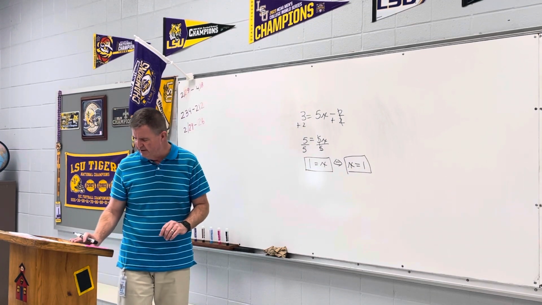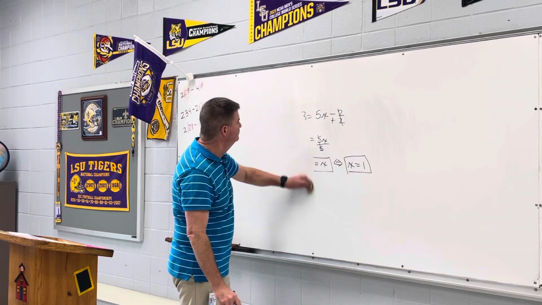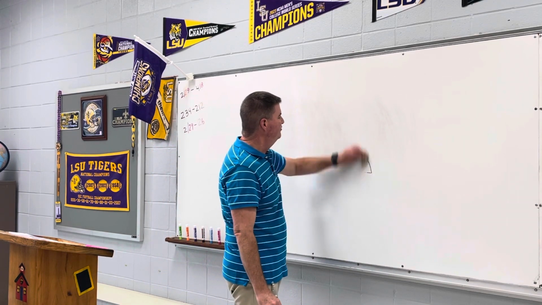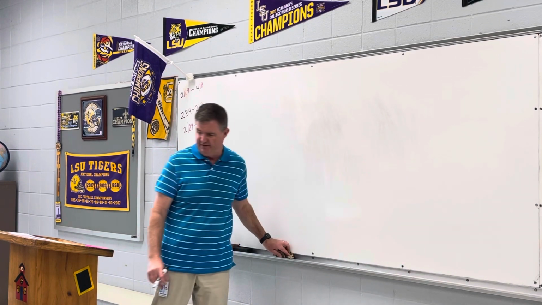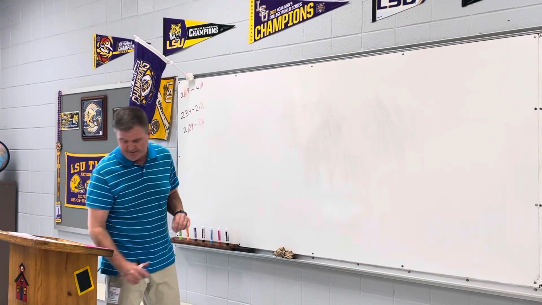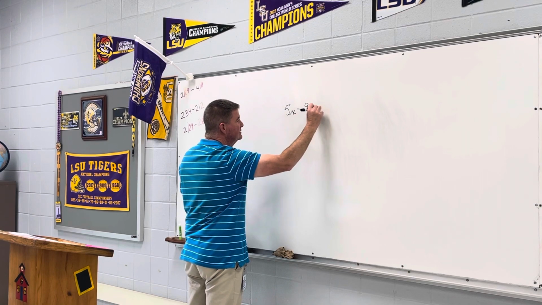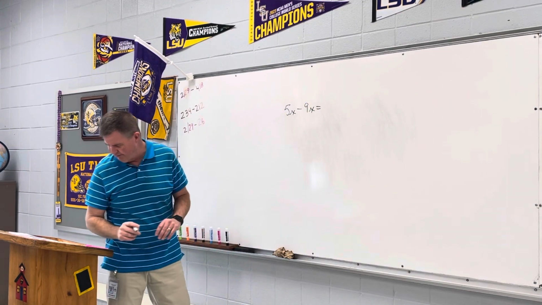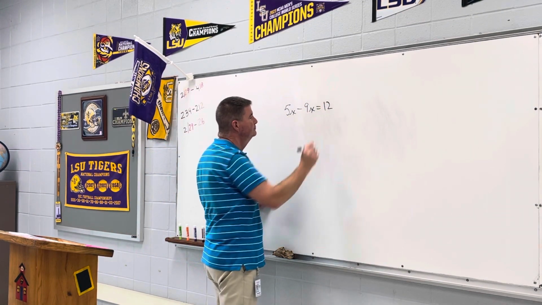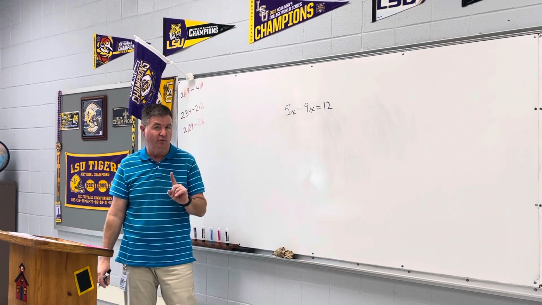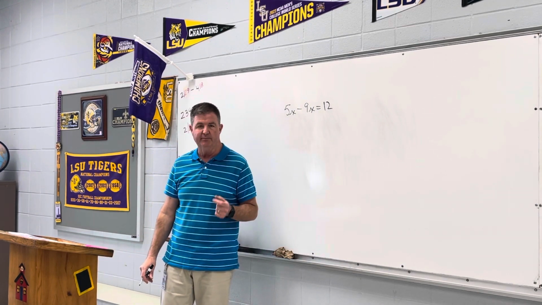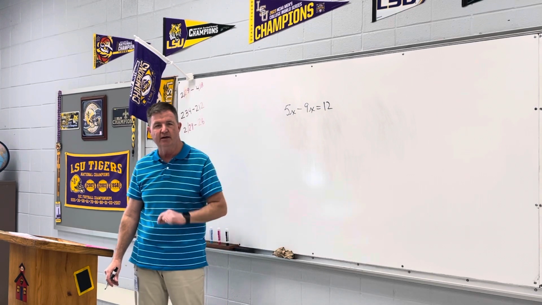So, for the next one, suppose we have more than one variable on one side of the equation. Suppose I have 5x minus 9x equals 12. Well, our goal is the same all the time. We have to find x equals a number.